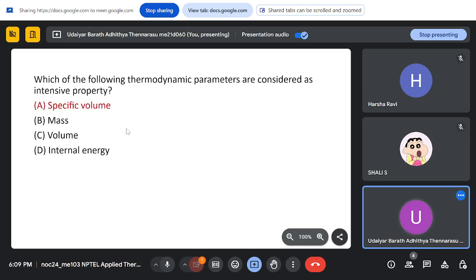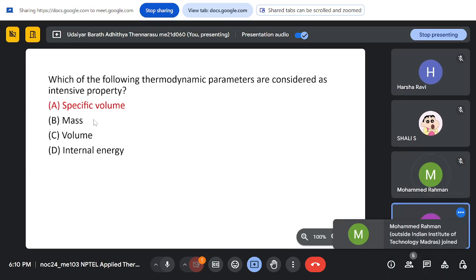So the answer is option A, specific volume. So anything specific, you are dividing it with respect to mass. So an intensive property is an independent property, independent with respect to mass. So the answer is specific volume, and also it's 1 by rho or 1 by density. So density is also an intensive property, which I talked about just before.